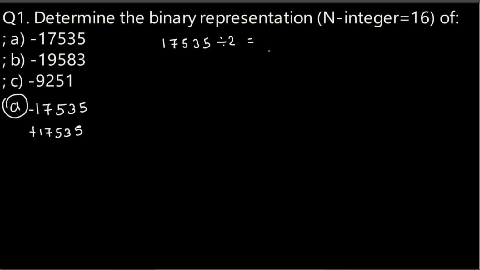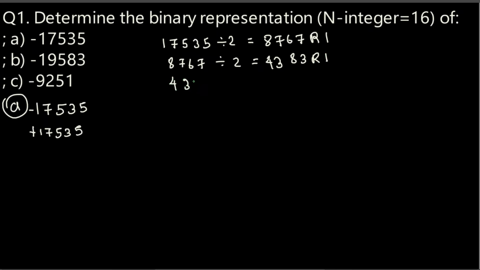That gives us 8,767 and the remainder of 1. Then 8,767 divided by 2 gives us 4,383, and the remainder is 1. And 4,383 divided by 2 gives us 2,191, and the remainder is 1.